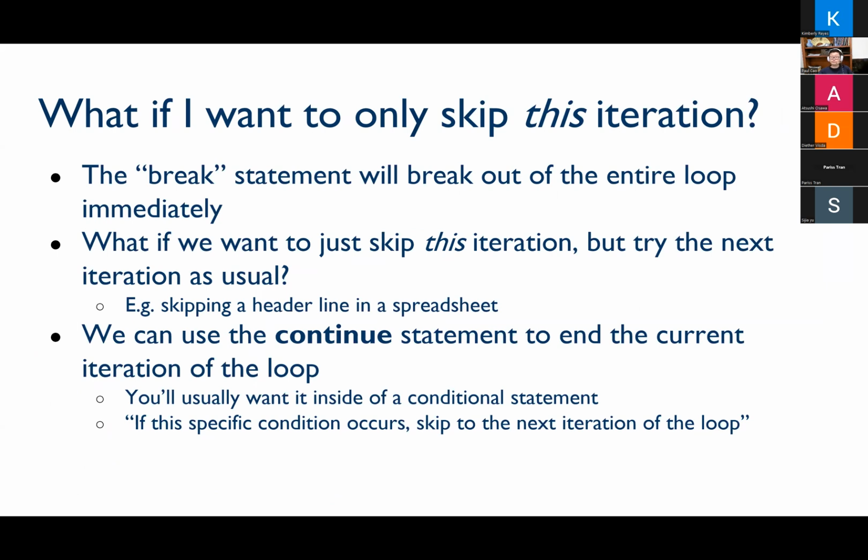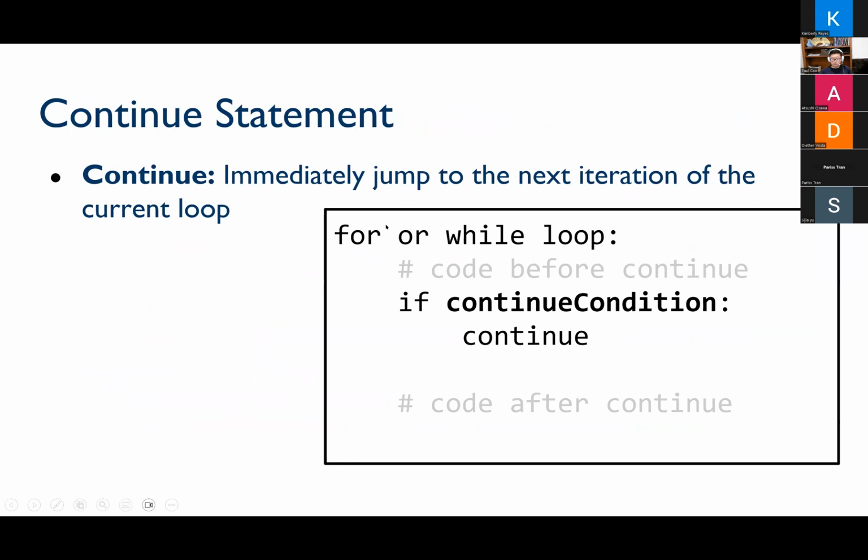Okay. So the way that you use continue is very similar to break. If you have a loop, either a while loop or for loop, you have some code before the continue. Then you have this if statement. If the condition is true, you execute continue. You may have some code after continue.